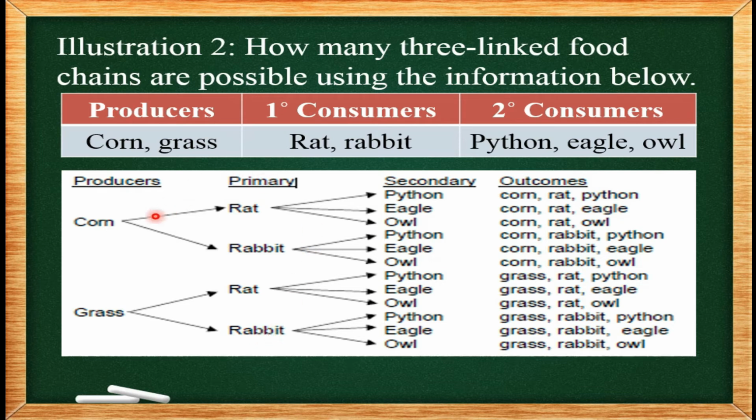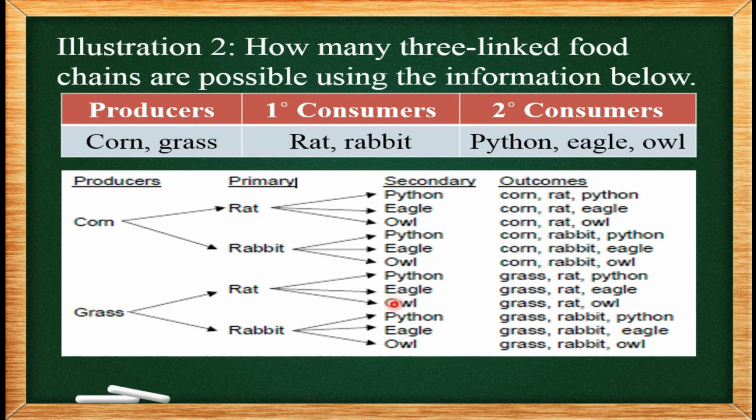So writing down all possible combinations, you have corn, rat, python. Corn, rat, eagle. Corn, rat, owl. Corn, rabbit, python. Corn, rabbit, eagle. Corn, rabbit, owl. Grass, rat, python. Grass, rat, eagle.